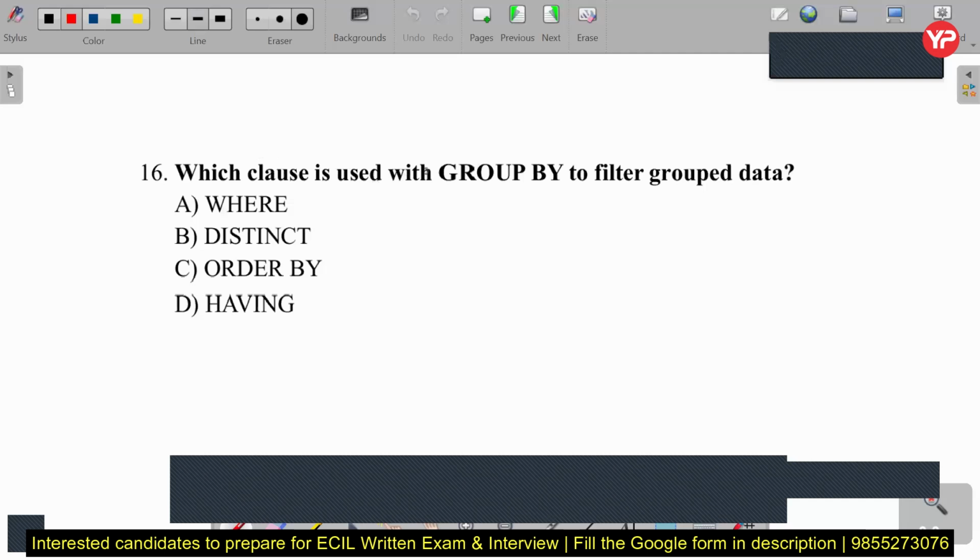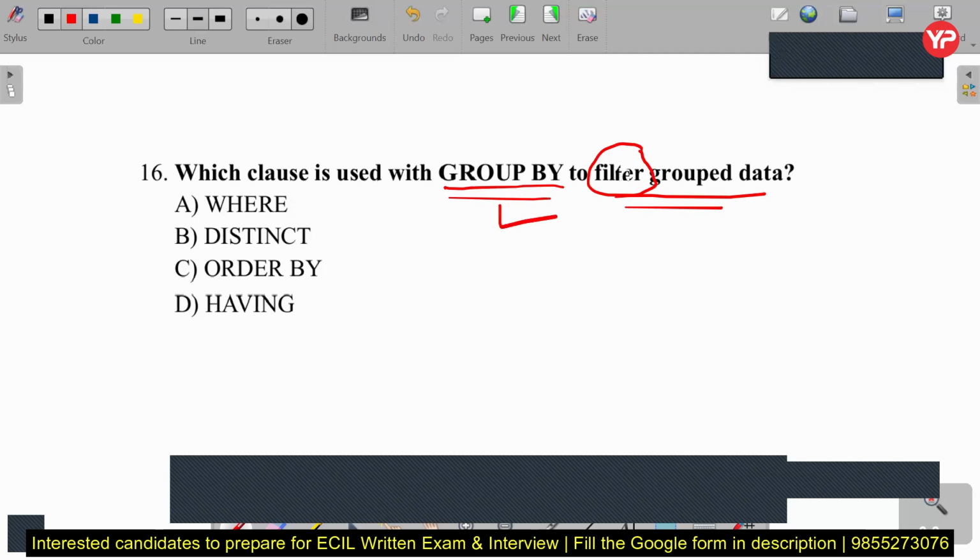Which clause is used with group by to filter group data? It means we are doing the filtration, and now filtration is provided not based on each and every row. It is based on a group.